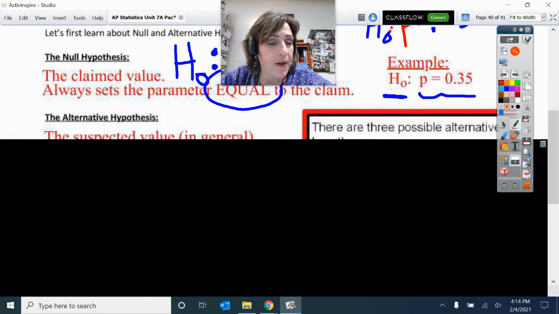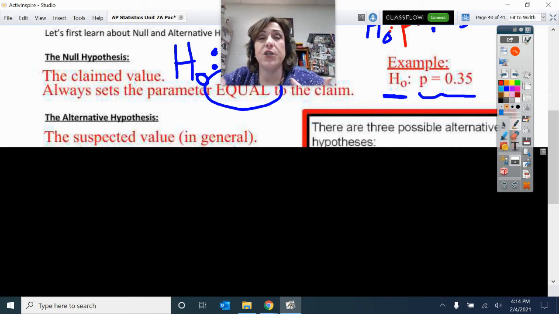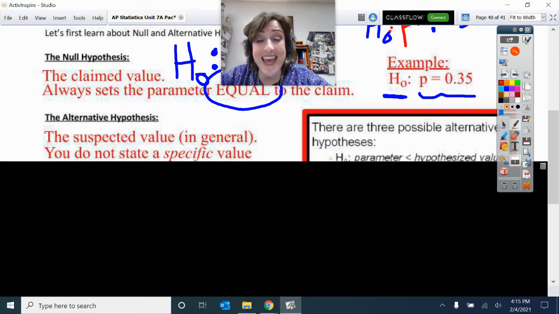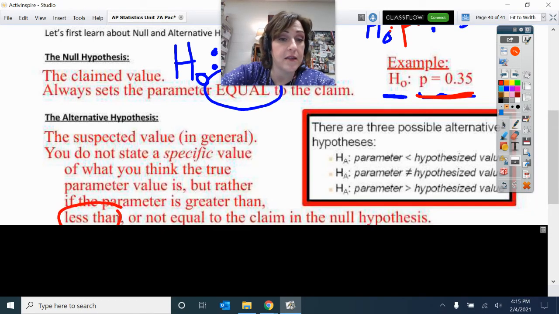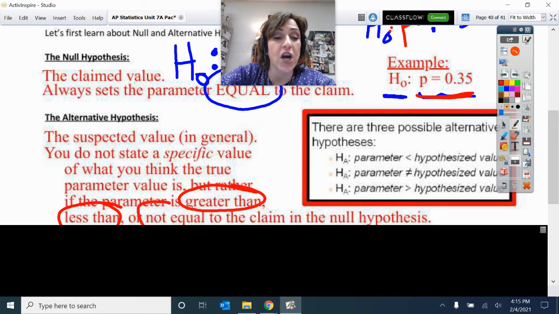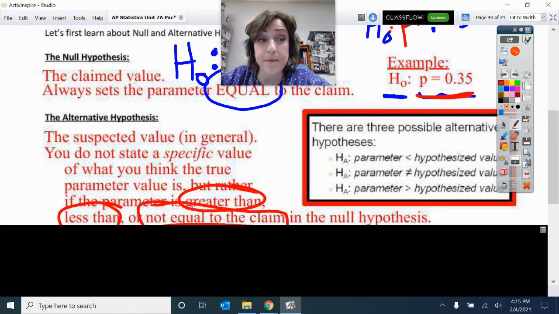Next, the alternative hypothesis. This is what you suspect or what you are investigating, what you think might be happening in general with this problem. You do not get to say a value like, I don't think it's 0.35 anymore, I think it's 0.32. You don't say, I think it's something else. You only say you think it is less than, greater than, or not equal to that claimed value in the null hypothesis.